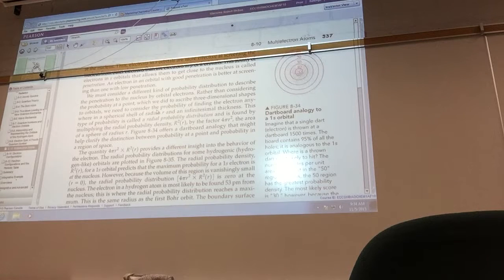And so is that where we're going to find the electron most likely? You know, the most likely spot to find the electron is right at the nucleus. It turns out that it isn't. It isn't right at the nucleus.